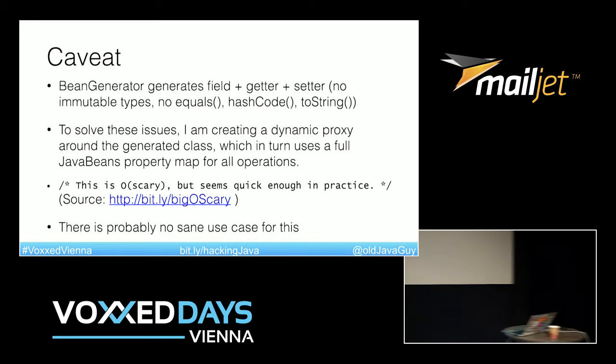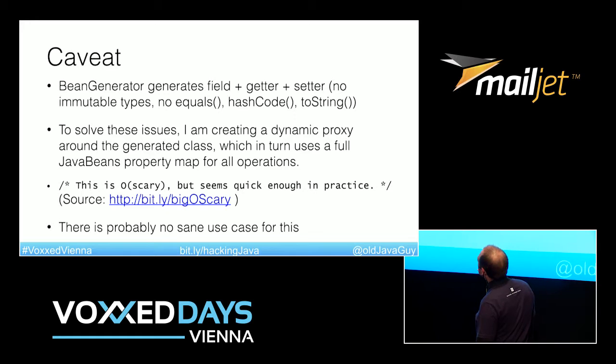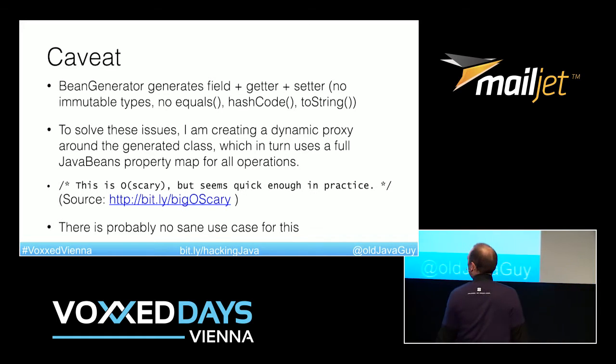I eventually gave up. So what I did is, since this talk is called Hacking Java, I went the hacky way. I created the dynamic class, and I wrapped it with a proxy that does the heavy lifting, the equals, hash code and toString, etc.